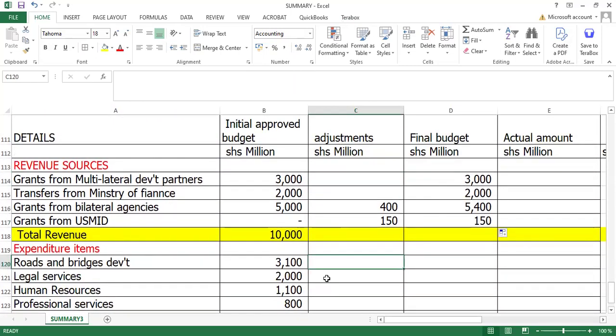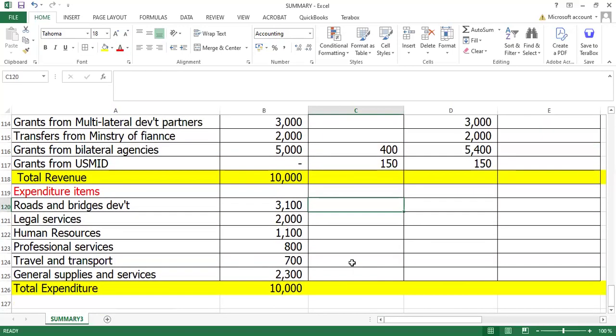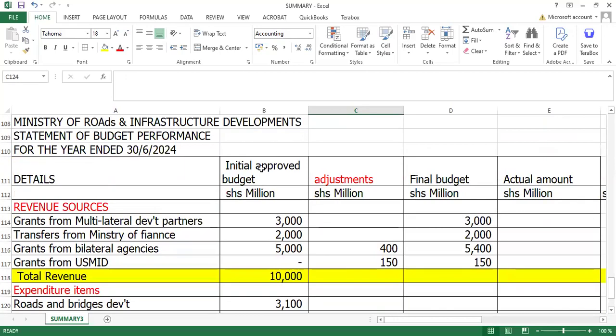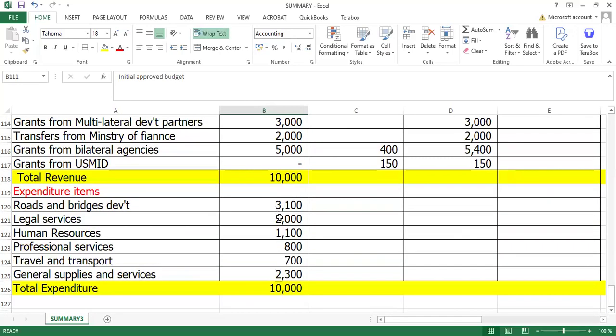It's only on expenditure where the adjustment can be a minus. At times you may need to adjust the approved budget, but do you really adjust it? Once it is approved, it is approved. You can only do the reallocations or the transfers.